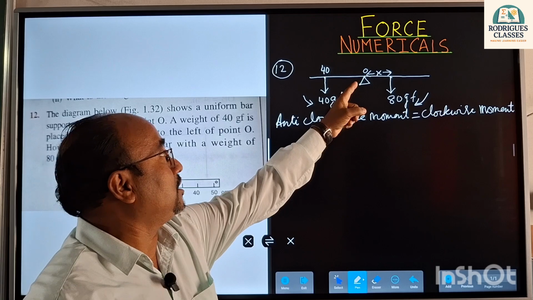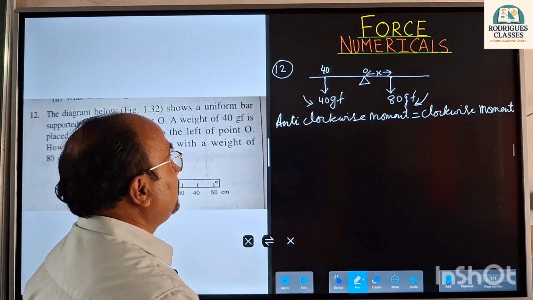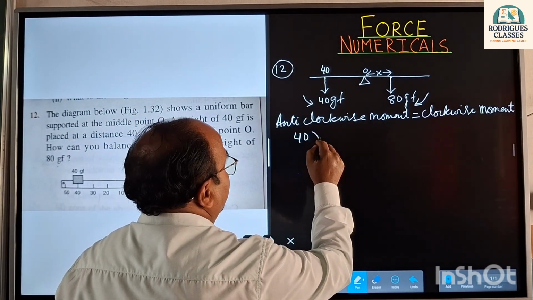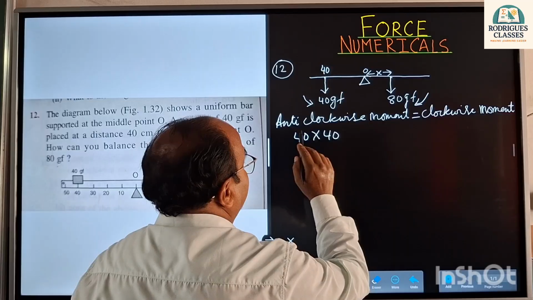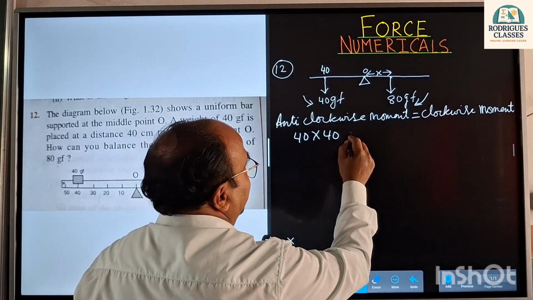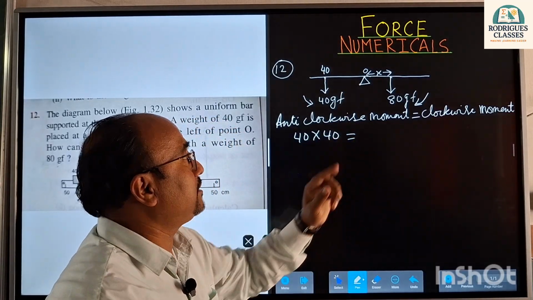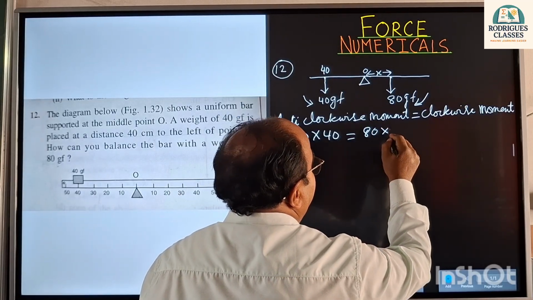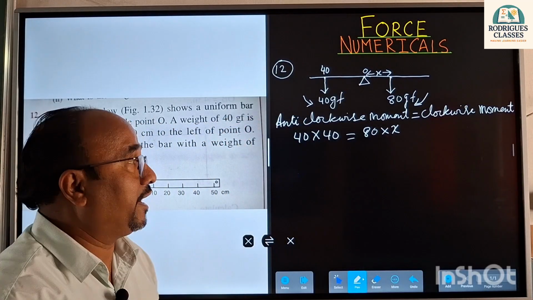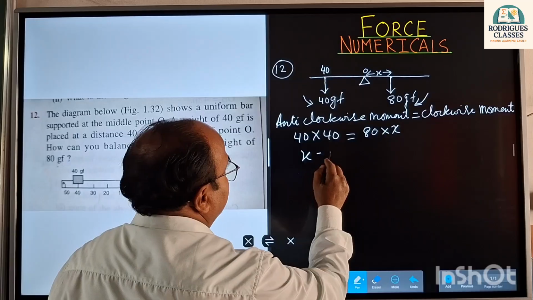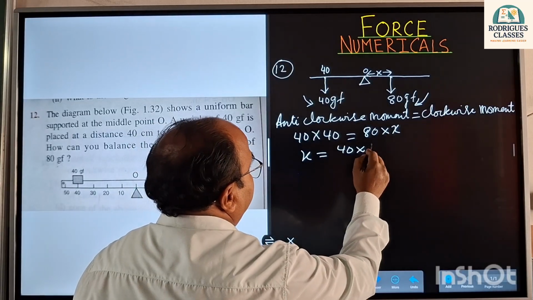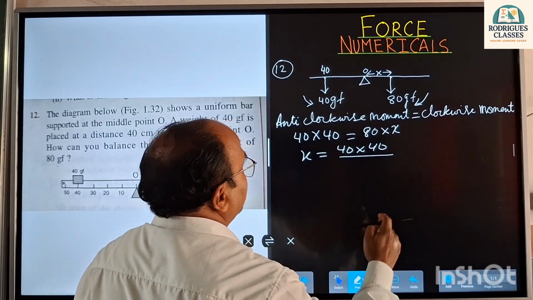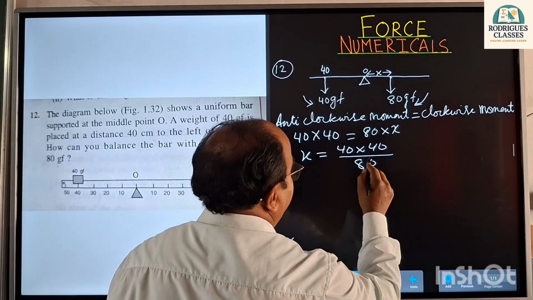So this is 40 GF and this distance is 40. So I write here 40 multiplied with 40, that is the force multiplied with the perpendicular distance. And this side the force is 80 and it is at a distance X. So we can write X equals 40 into 40 by 80.